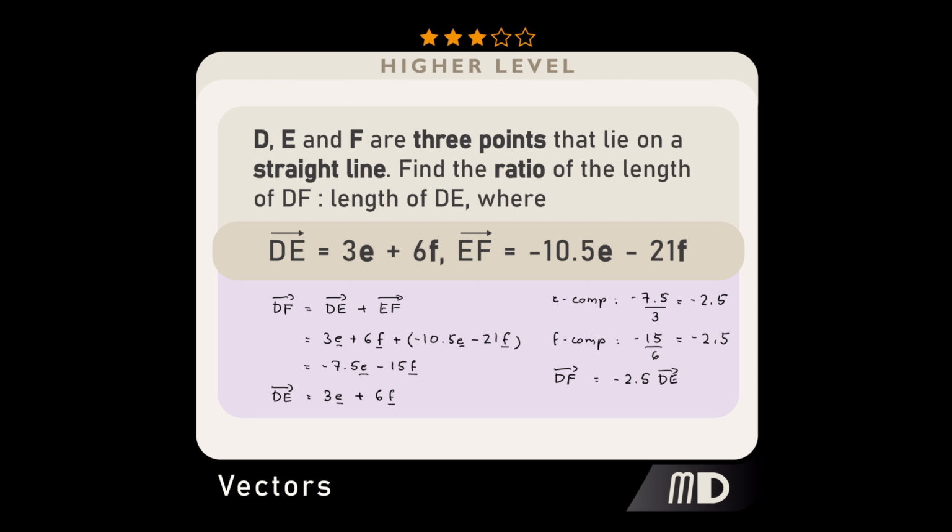Magnitude allows us to ignore the minus sign, so the ratio of the length or magnitude of DF to DE is therefore equal to 2.5 to 1, which we can simplify as 5 to 2.